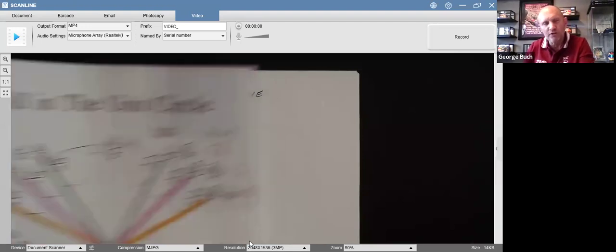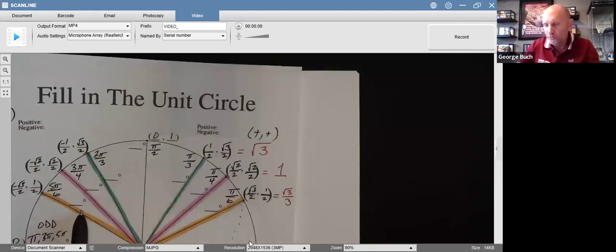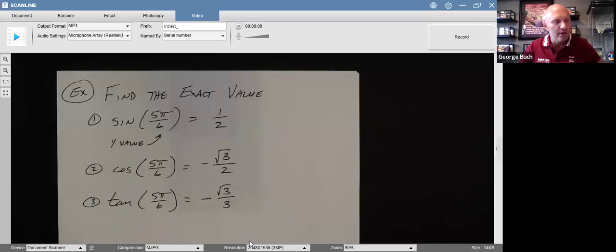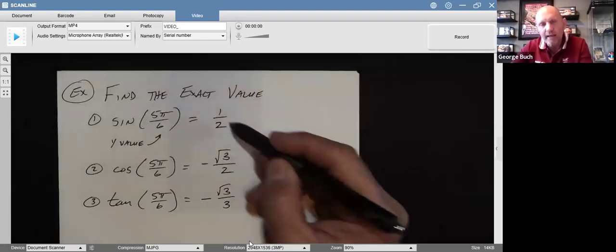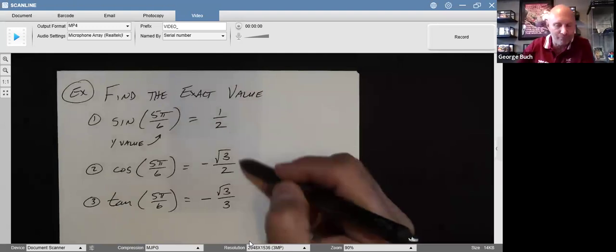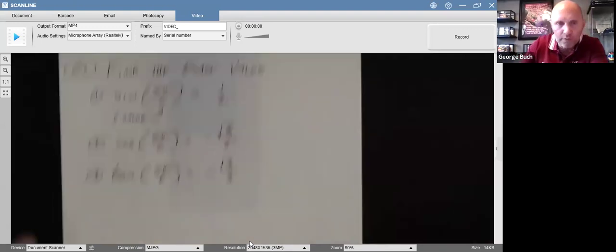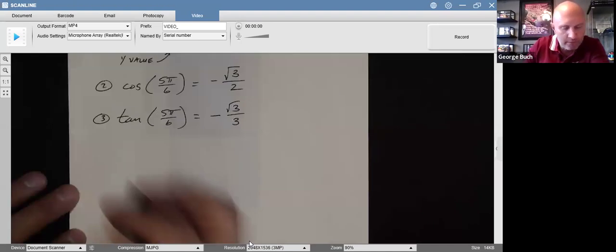That means tangent is negative in quadrant 2. So my answer for this would be negative root 3 over 3. That's one way you could do it. The other way would be what? Well, if I know sine and if I know cosine, I can just divide them to get tangent. That's extra calculations you don't really need to worry about.